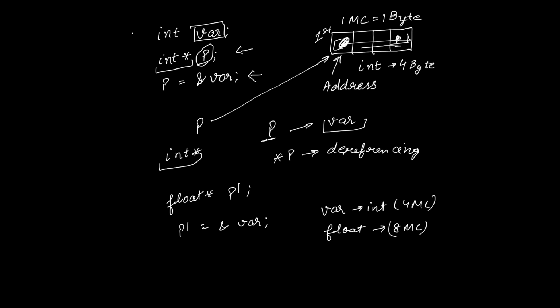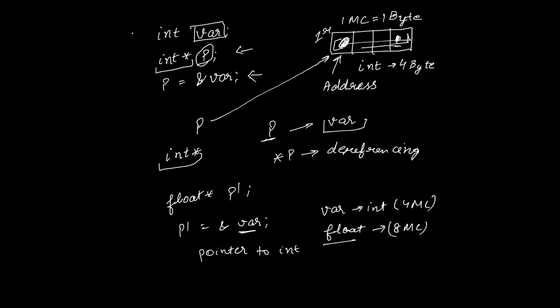So the pointer has no meaning, since the data stored in those 8 memory cells would not correspond to the var variable. That's why the compiler will throw an error that the pointer should point to something of type int, but the pointer you are defining is of type float.